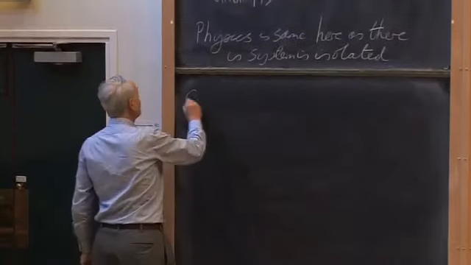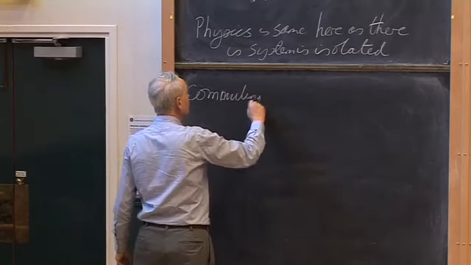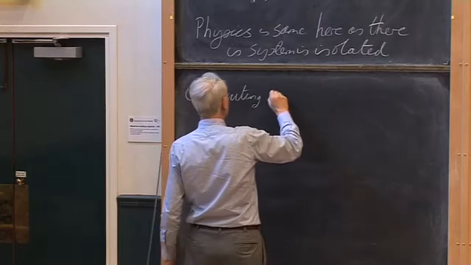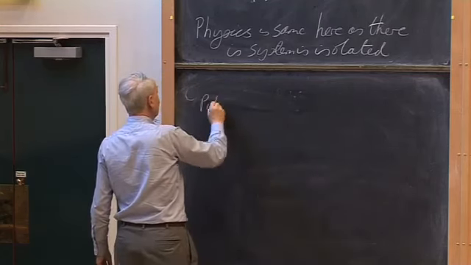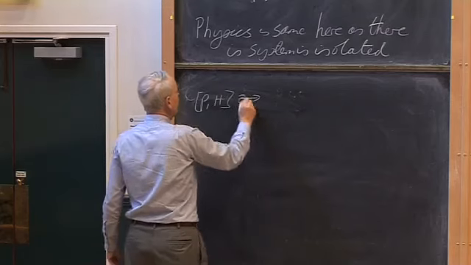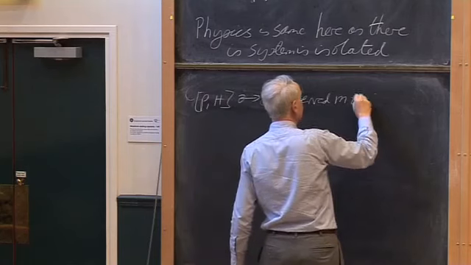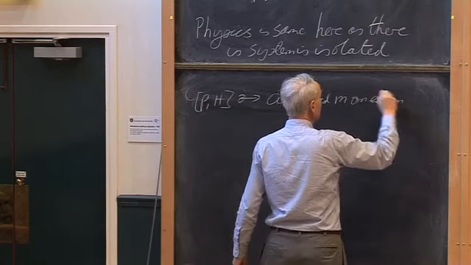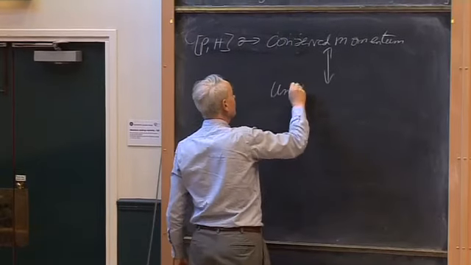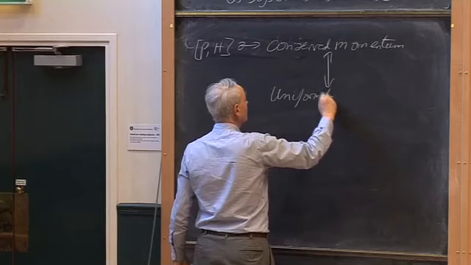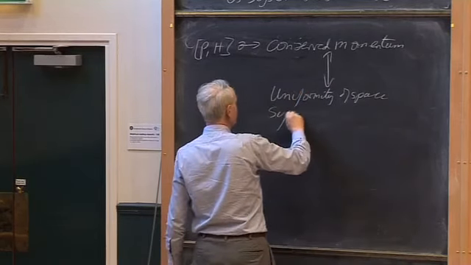Right, so we have a sort of set of ideas like this: P commuting with H is connected to conserved momentum, which is itself connected to uniformity of space, which is the same thing as symmetry under translation.